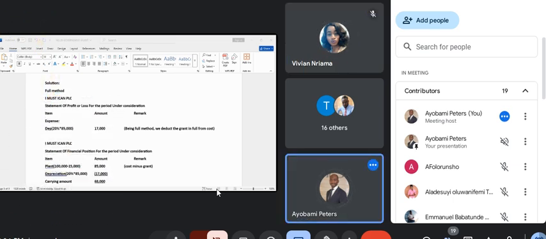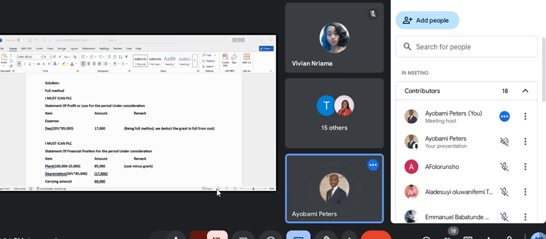So let's go to the statement of financial position now. Statement of financial position. Item, plant: 100,000 minus 15,000, that's 85,000. Depreciation, 20% of 85,000, that's 17,000. Carrying amount, 68,000. This is how to recognize it in the books, and that is it.